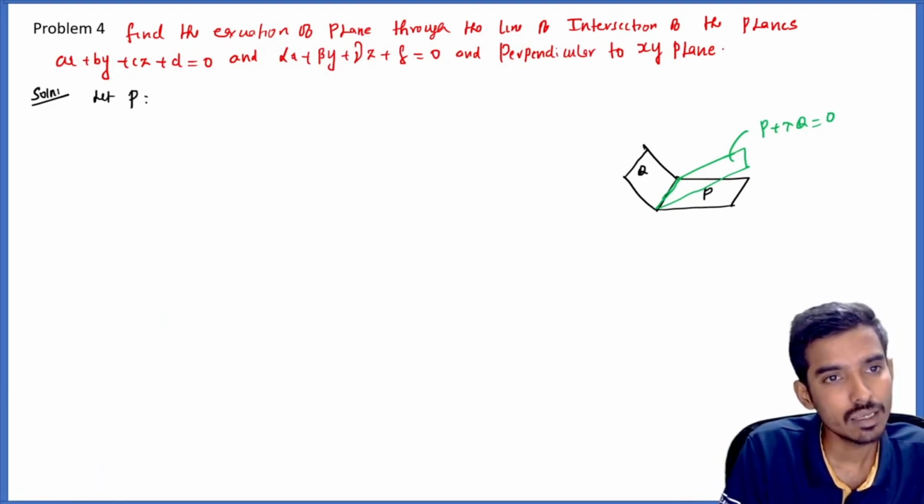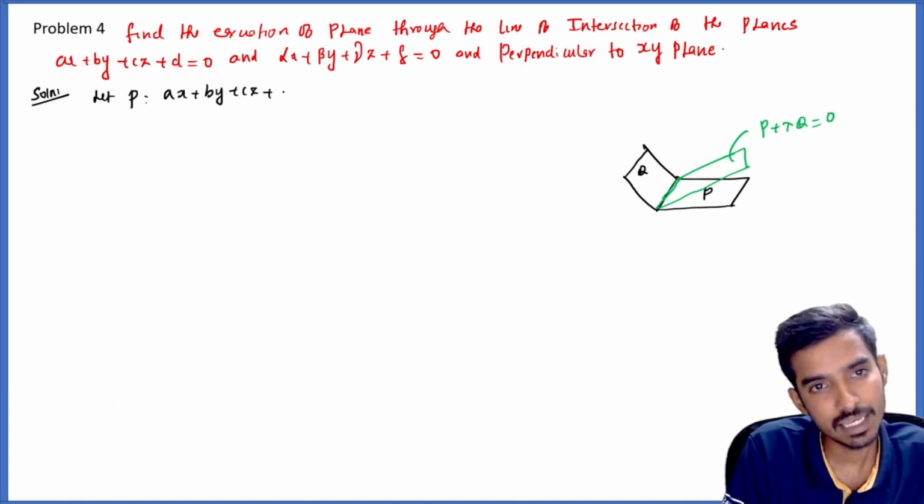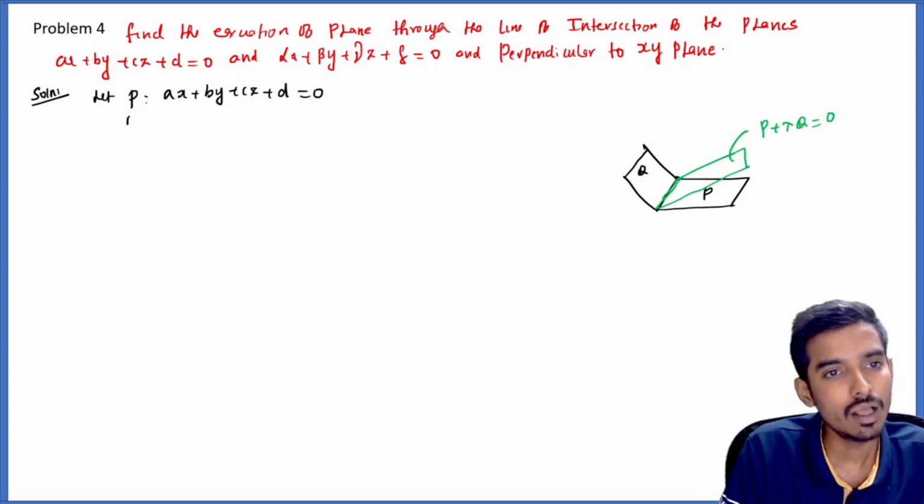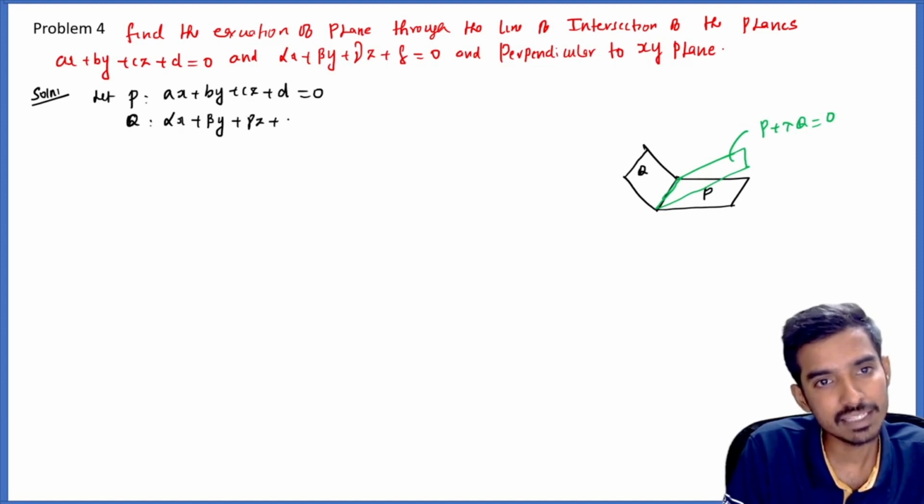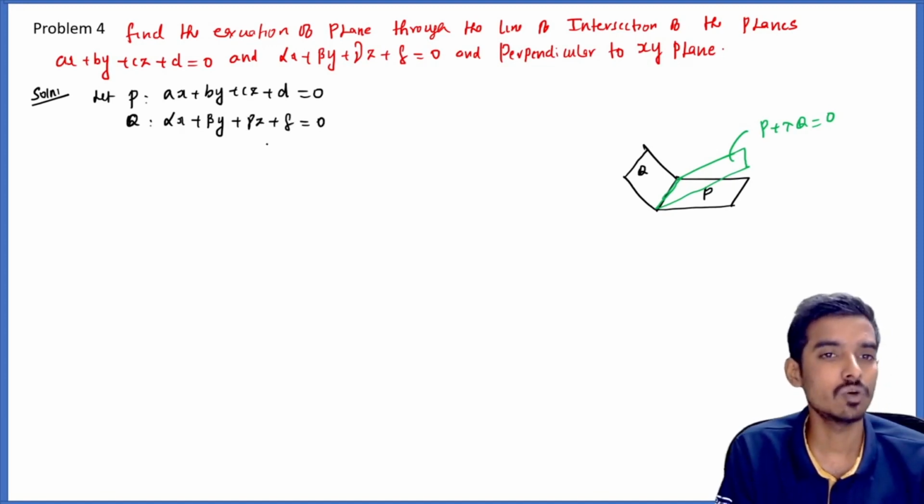Let us take p to be equal to ax plus by plus cz plus d equal to 0. Let us take q to be equal to alpha x plus beta y plus gamma z plus delta equal to 0. Right?